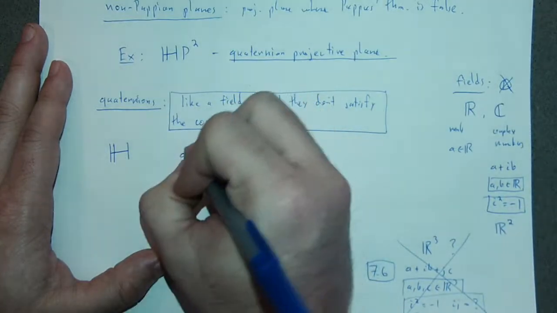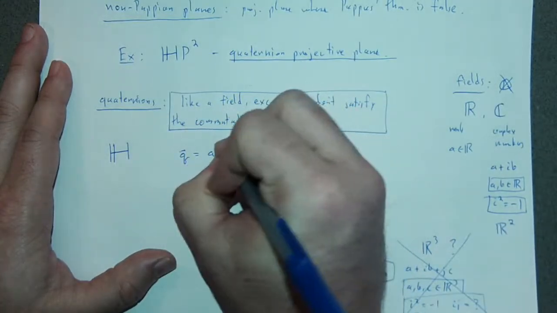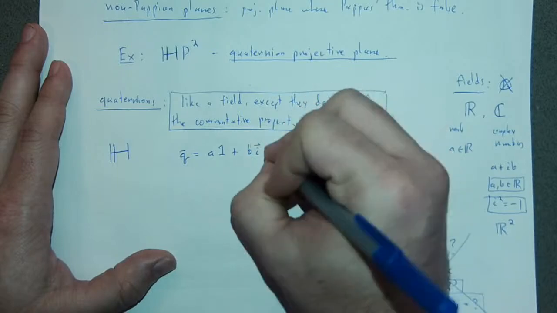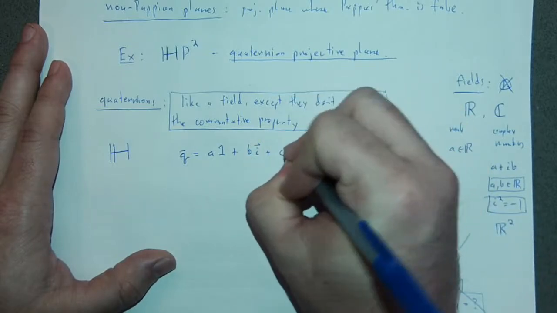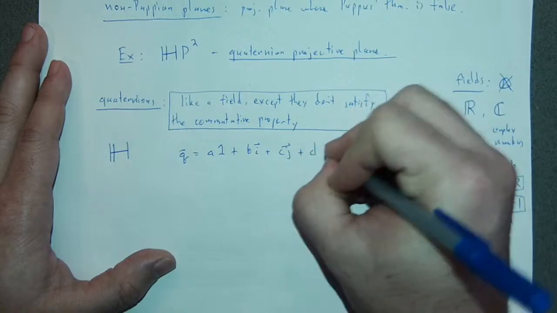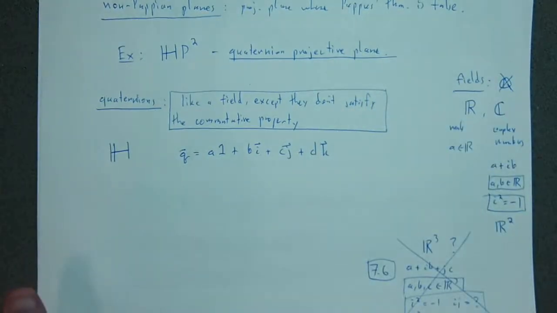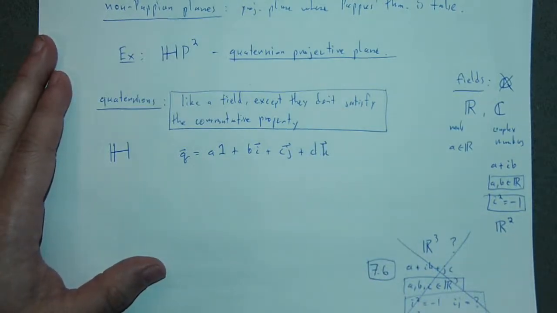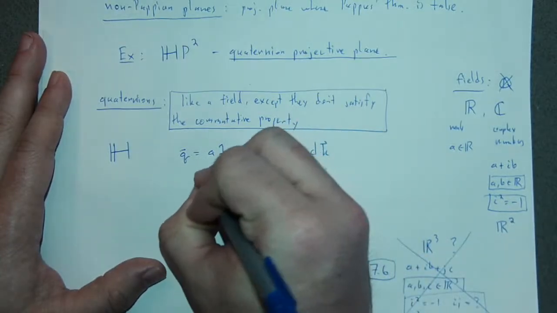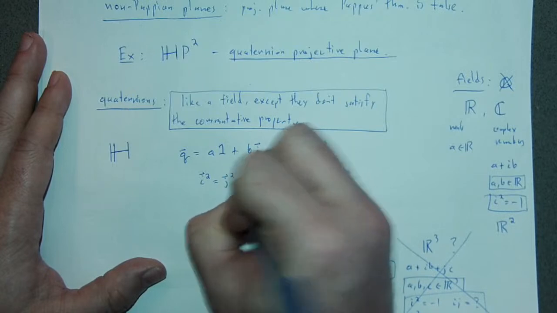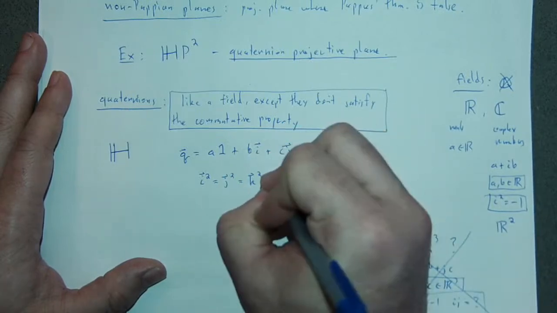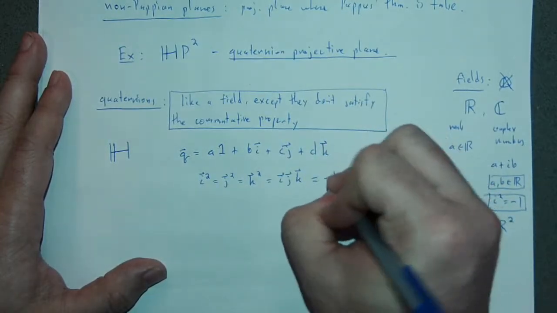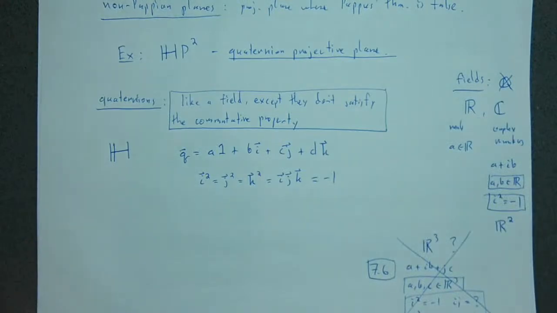A quaternion Q looks like A times 1 plus B times I plus C times J plus D times K. Where 1 behaves like 1 behaves for the reals. I squared is the same as J squared, which is the same as K squared, which is the same as I times J times K. All of these are equal to minus 1.